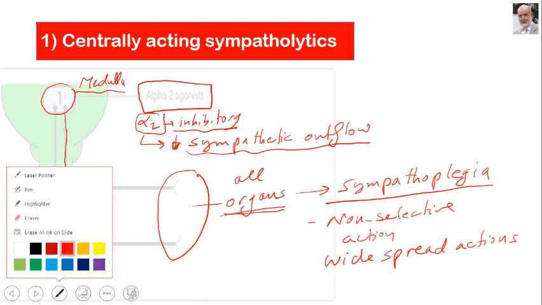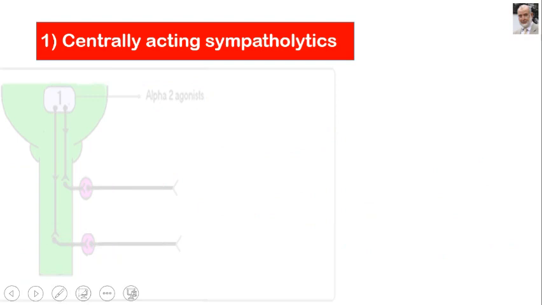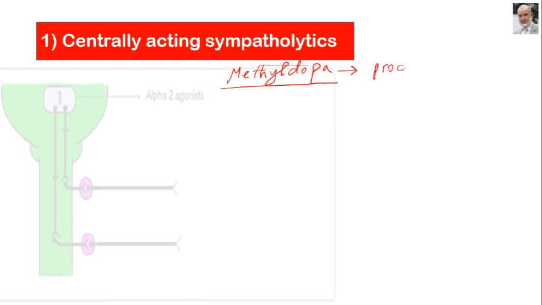Let us take some examples. The first, most famous example is Methyldopa. Methyldopa is a prodrug. As we have said before, prodrug means that the drug is not active until it is metabolized to an active metabolite.